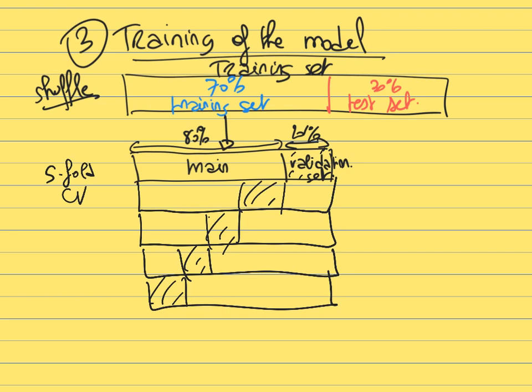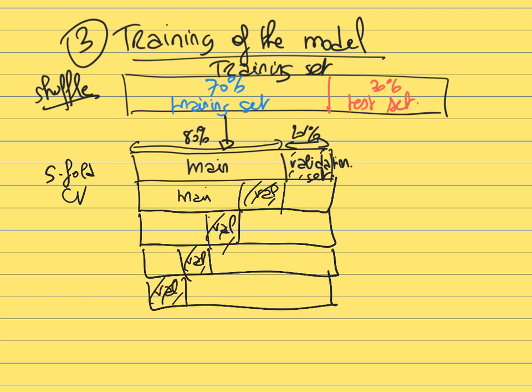You repeat this k times, or 5 times in this case, and then at the end you will get an average value for the validation error, and you will also be able to have a standard deviation to see how stable it is, or how much variation there is, when you train your model based on those 5 training sets and validate it based on the 5 validation sets.